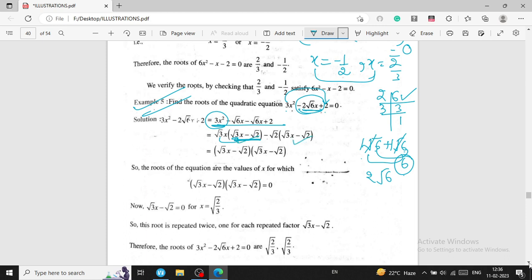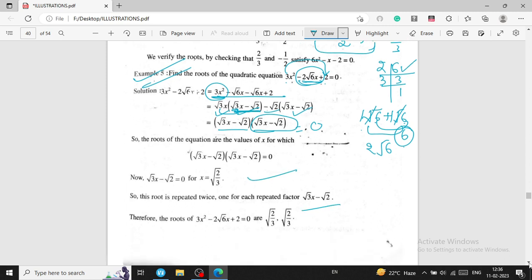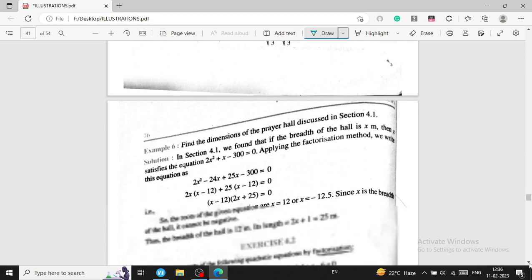These brackets are the same and taken as common, and the values written outside the bracket will be written in the other bracket, and then set equal to 0, and we find x equals root 2 by 3. You can see the result. These are the roots of this equation.